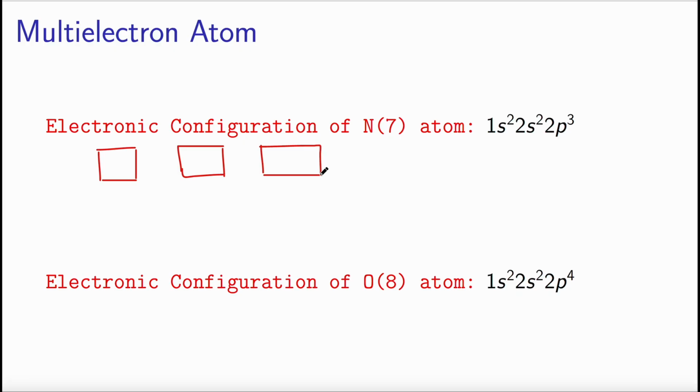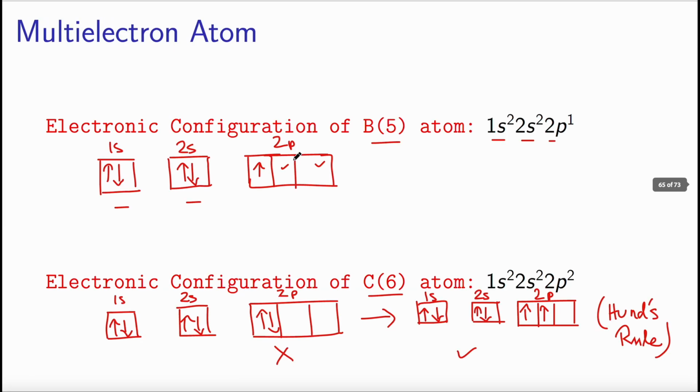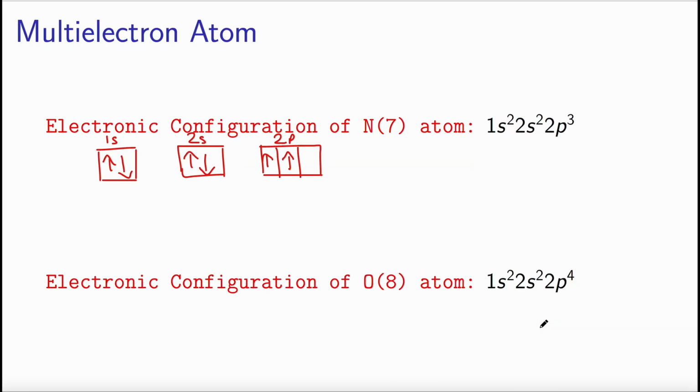So this is 1s, and this is 2s, and this is 2p. So we just repeat what we have done before. So this is still the carbon 2p, and there is one more electron here in nitrogen.